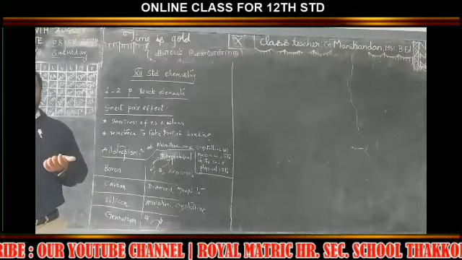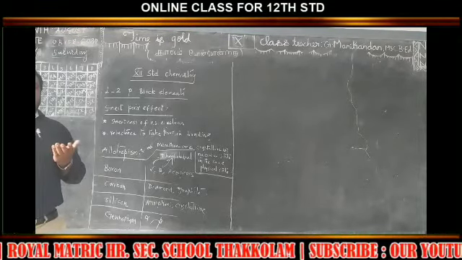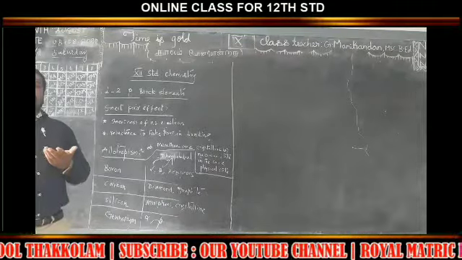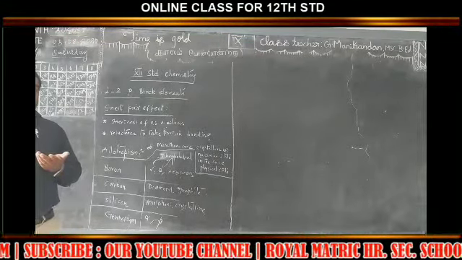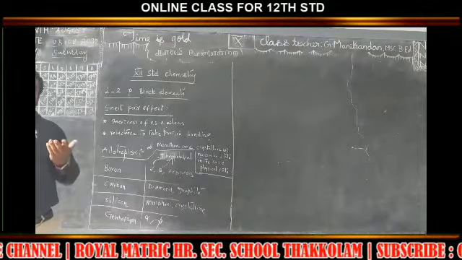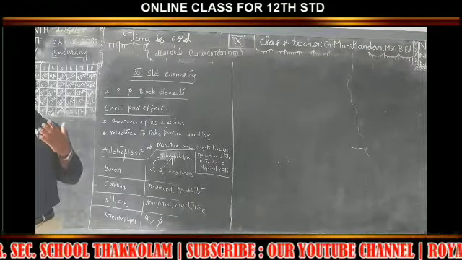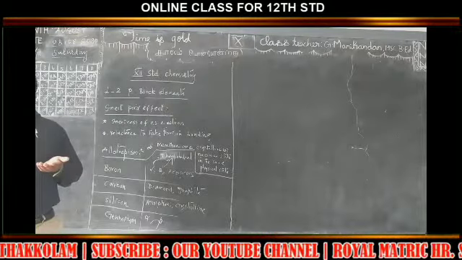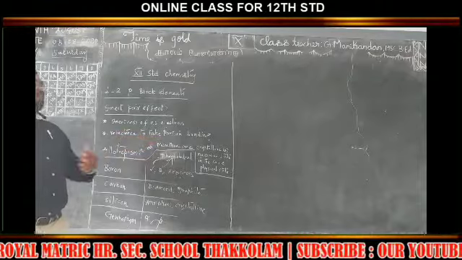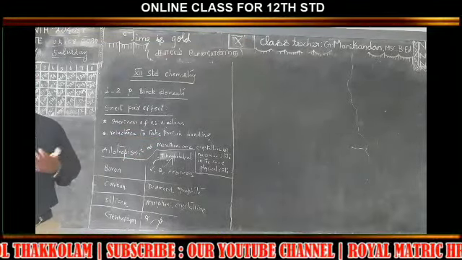Which is the most stable? Thallium +1. Likewise aluminum +3 and aluminum +1. Which is the most stable? Aluminum +3. The ns electrons in aluminum do not take part in chemical bonding. It shows inertness, reluctance to take part in the bonding, due to stability.